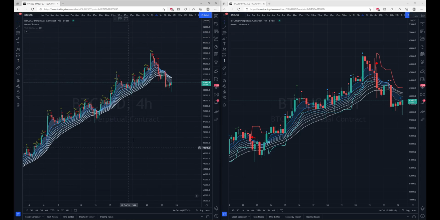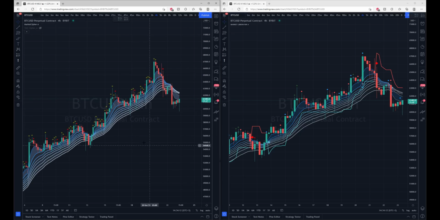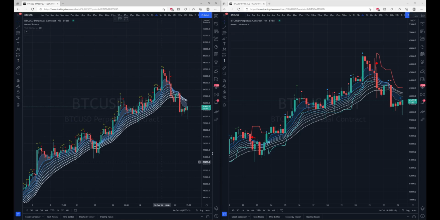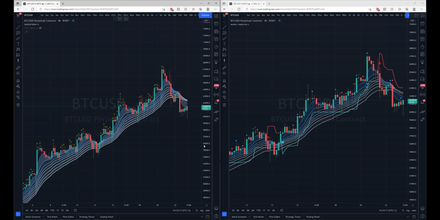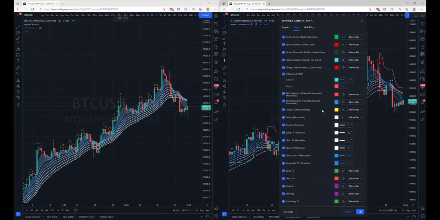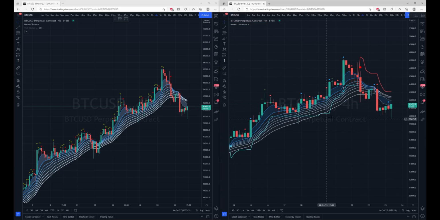So I'm not going to say that one is better than the other, although looks like the Liberator has a couple more things. You get this, what is this, the super trend or VWAP looking thing here. Integrated VWAP. Yeah, okay, so that's the integrated VWAP. It looks kind of like a super trend.